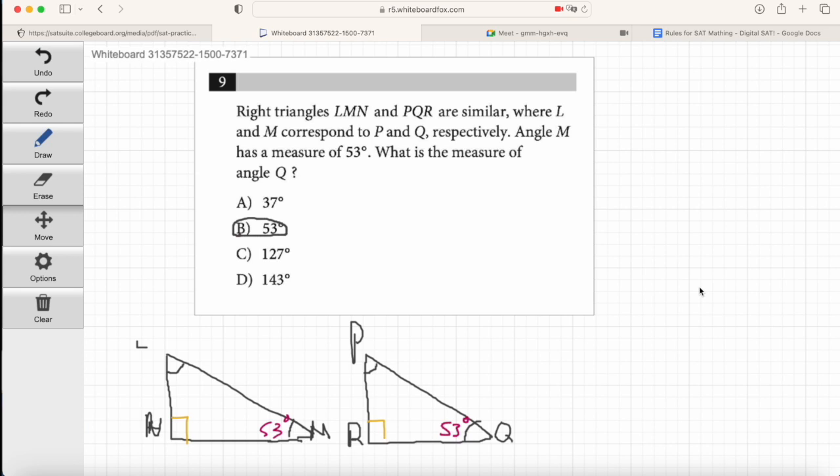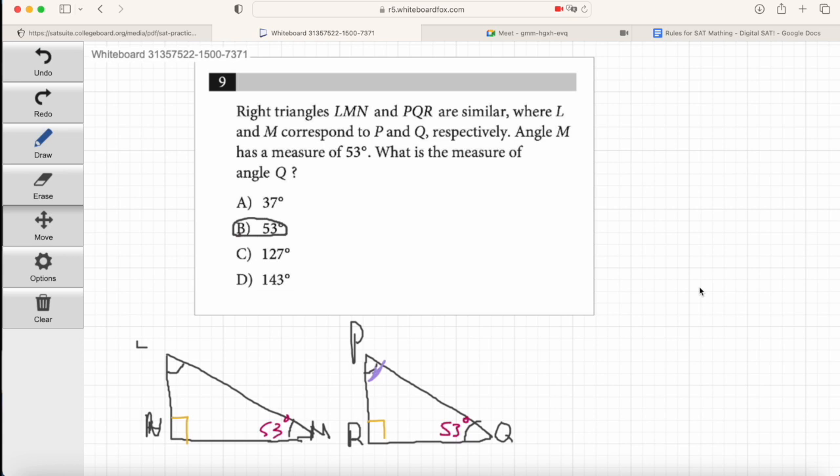Now, if they asked for angle P, would you know how to solve for angle P? You could see a question like this where they ask for that unknown angle. Every triangle has how many degrees total?